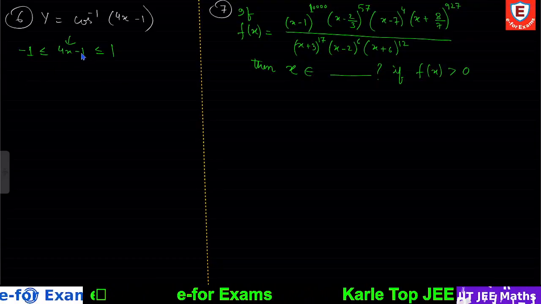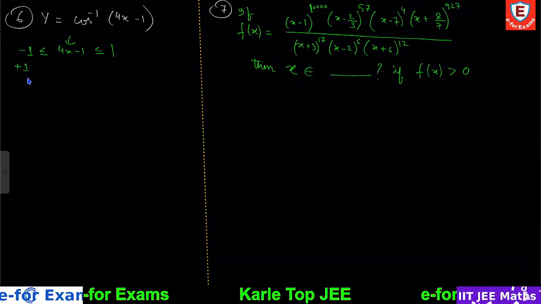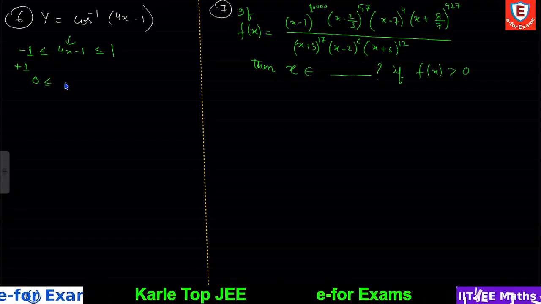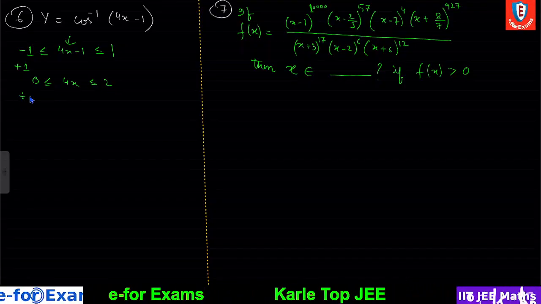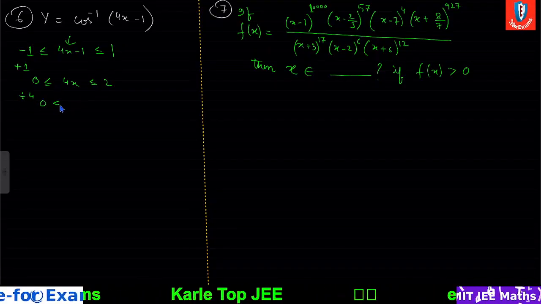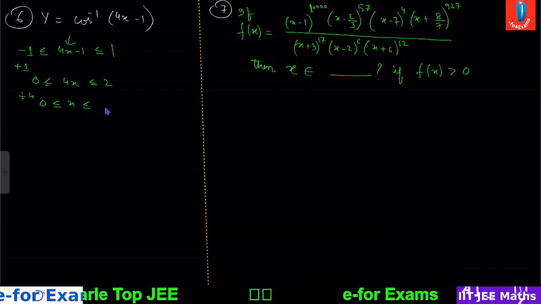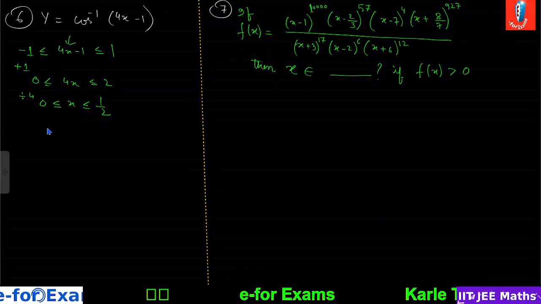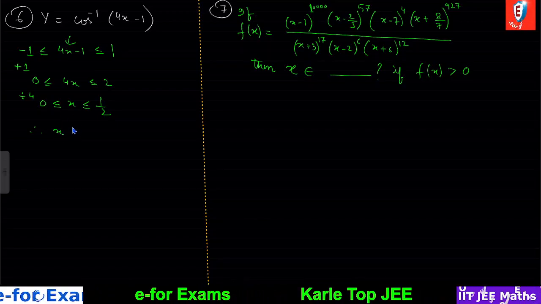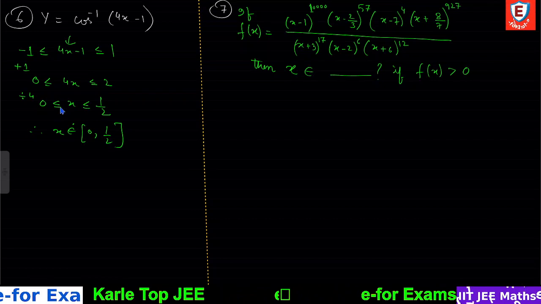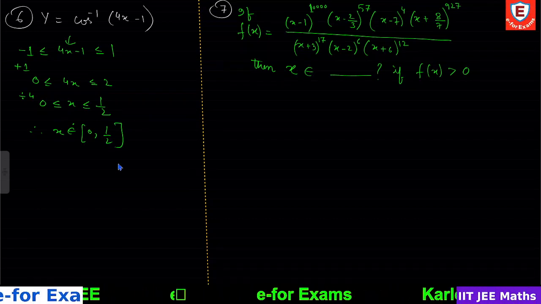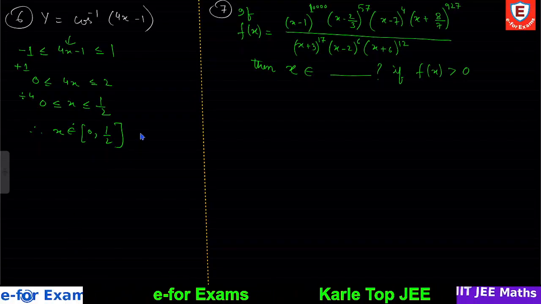So first, to remove this, we add plus 1. Adding plus 1 gives 0 less than or equal to 4x less than or equal to 2. Then divide by 4 to remove the 4. 0 divided by 4 is 0, and 2 divided by 4 is 1 by 2. Therefore x belongs to [0, 1/2], including 0 and half. Right? This is the answer.